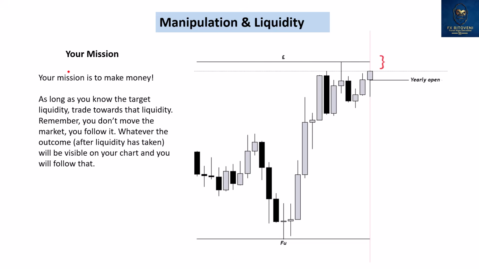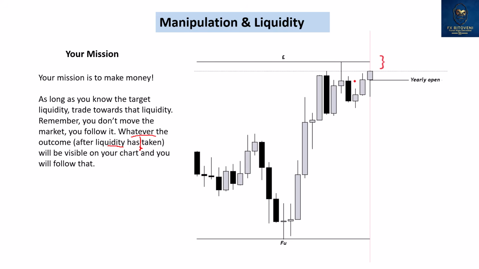So your mission is to make money. As long as you know the target liquidity, trade towards that liquidity. Remember, you don't move the market, you follow it. Whatever the outcome will be after liquidity has been taken, it will be visible on your chart, and you will follow that.